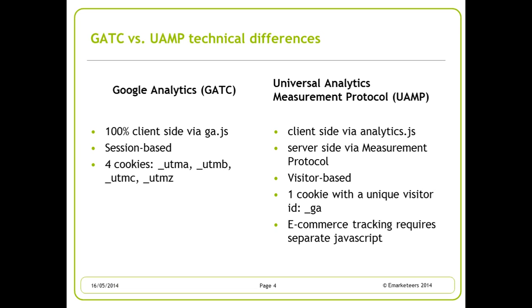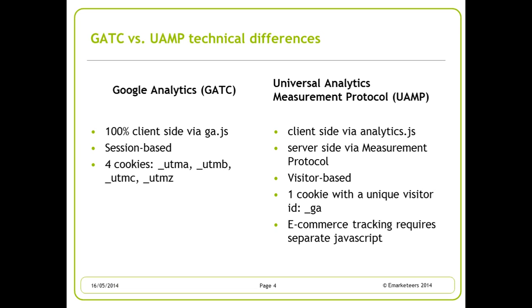We don't need cookies and browsers anymore to do that. As a result, we also need fewer cookies. The old Google Analytics placed 4 cookies, or at least 4, on the machines of your website visitors. The new Universal Analytics Measurement Protocol will only place 1 cookie on users' machines.